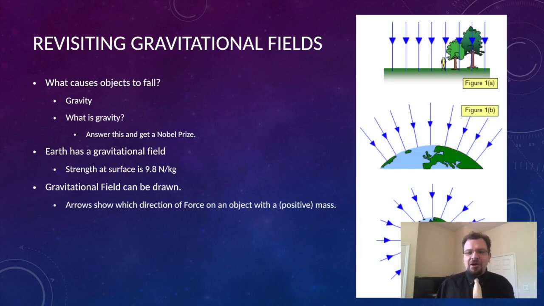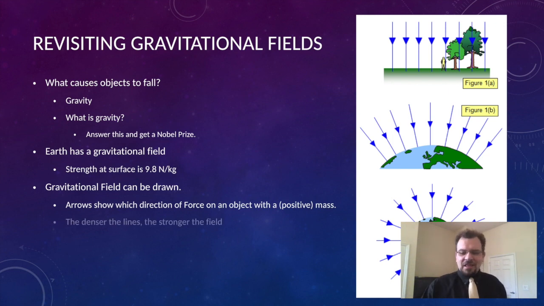The arrows for the gravitational field show the direction of force for an object with positive mass. I put positive there in parentheses because all mass is positive, but when we get into charge, it's going to be a little bit different. Now, all mass is positive. If you prove me wrong, you get another Nobel Prize.